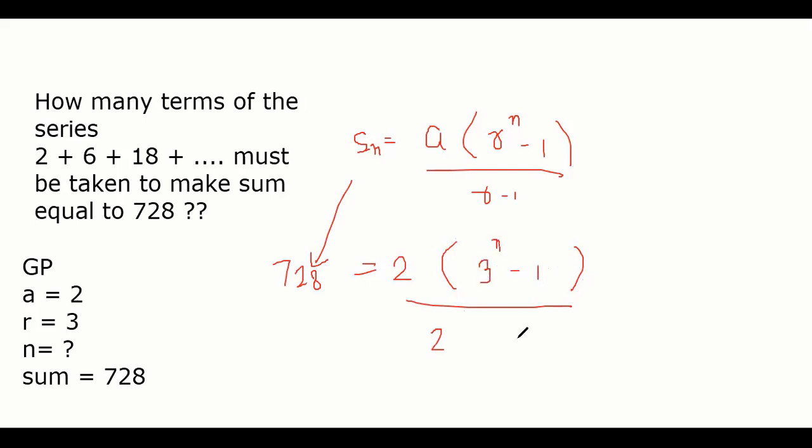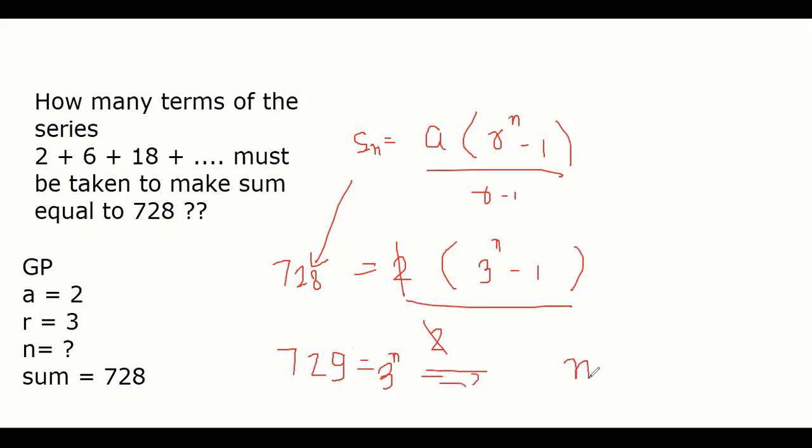That is how your equation looks like. 2 and 2 cancel, guys. Your basic equation becomes 728 equal to 3 to power n minus 1. Basic arithmetic, the minus 1 comes to the right side: 728 plus 1, 729 equal to 3 to the power n, which is very, very easy. What power of 3 will give you 729?